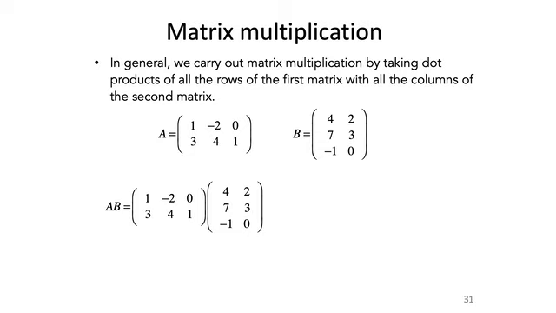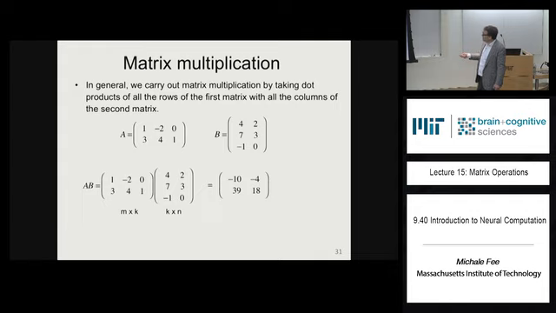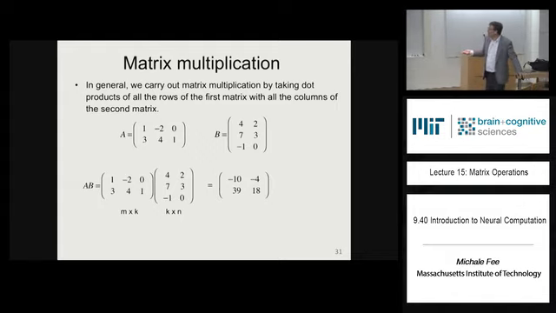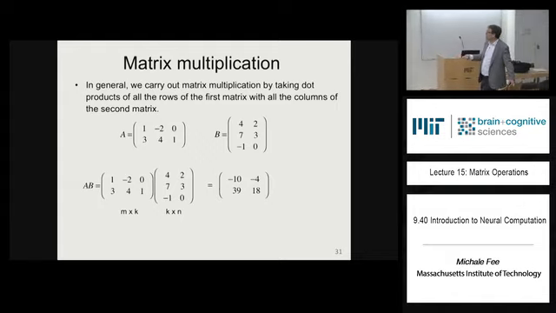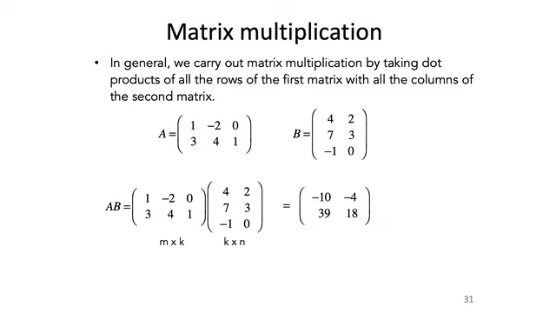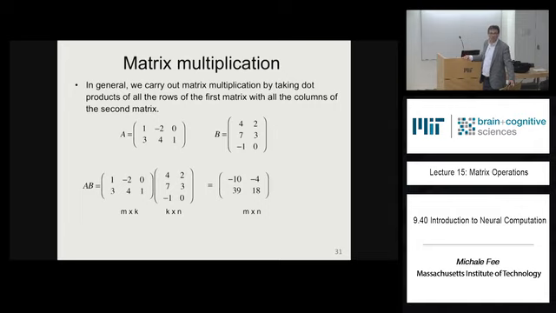So here's the product of matrix A and matrix B. If matrix A is M by K, M rows by K columns, and matrix B has K rows by n columns, then the product of those two matrices will be m by n.